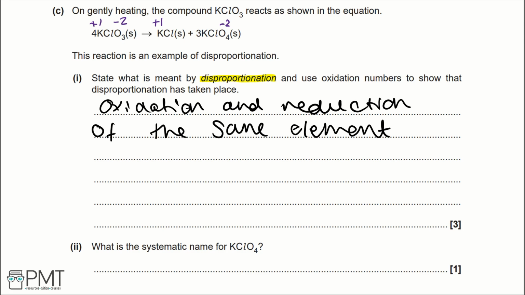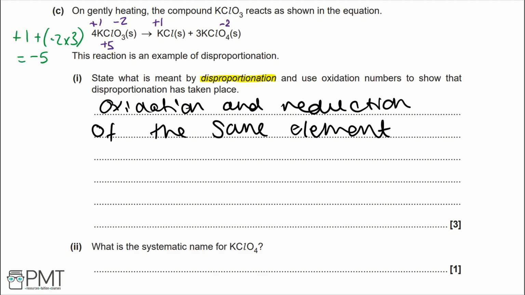We can work out the oxidation numbers of chlorine. If we take KClO3, the first bit of the equation, we have +1 plus -2 times 3, and that gives us -5. So the oxidation number of chlorine will be +5 in its reactant state.